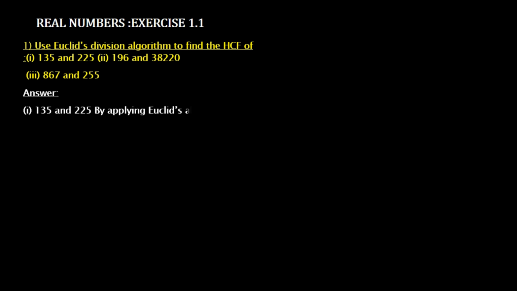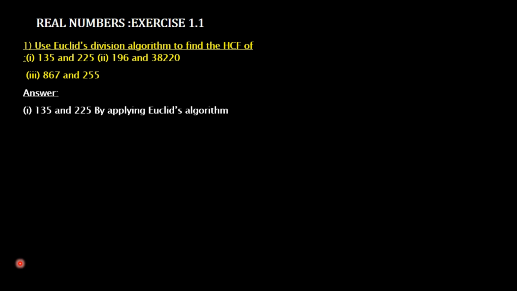At first we have to check which is the greater number among these. You can see 225 is greatest, so we can choose 225 as our dividend and 135 as our divisor in this stage.